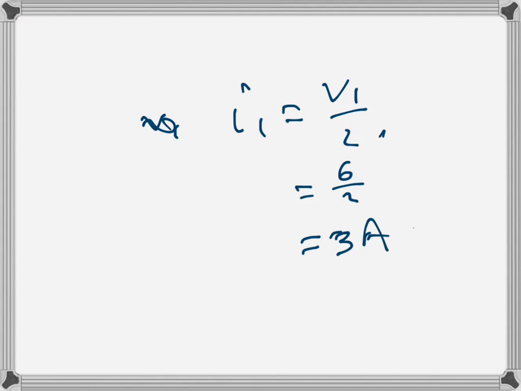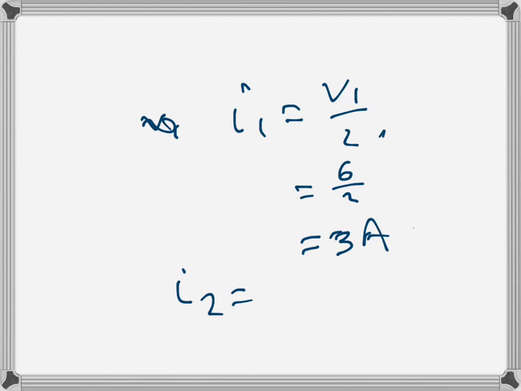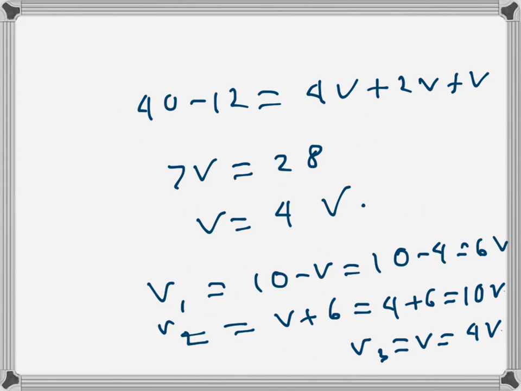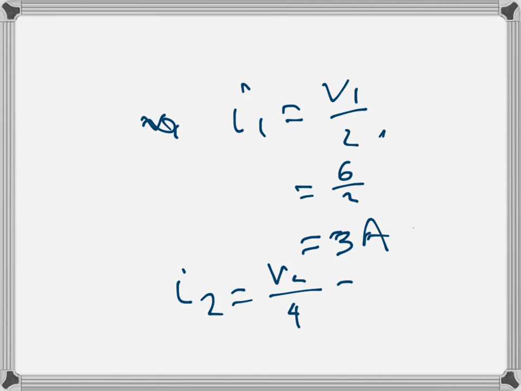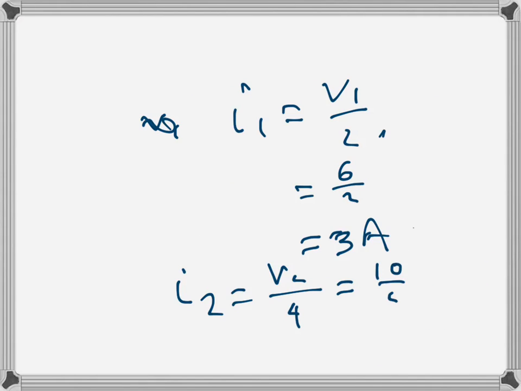Similarly we can find the other two currents using Ohm's law. I2 will be V2 over 4, so V2 is 10, over 4, and I3 will be 4 over 8.